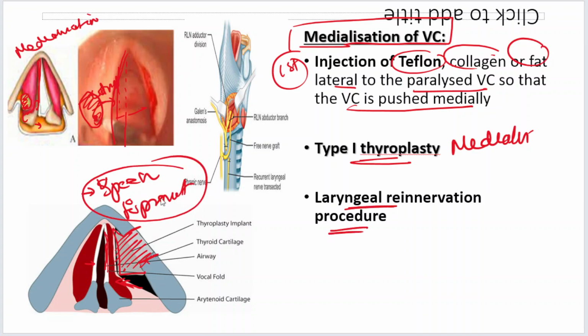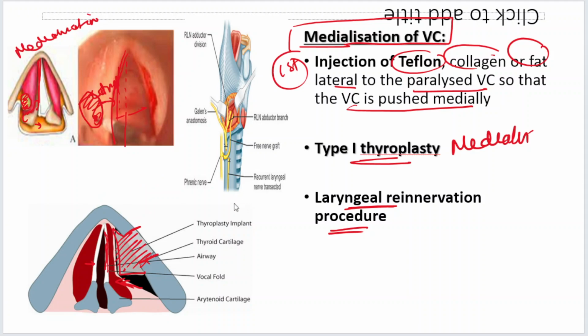Laryngeal reinnervation procedure. Again, we have seen this in the previous one where we used the ansa cervicalis. Here, the phrenic nerve is used to provide some kind of laryngeal innervation to the recurrent laryngeal nerve. See here, the recurrent laryngeal nerve is transected. You are cutting the recurrent laryngeal nerve here.